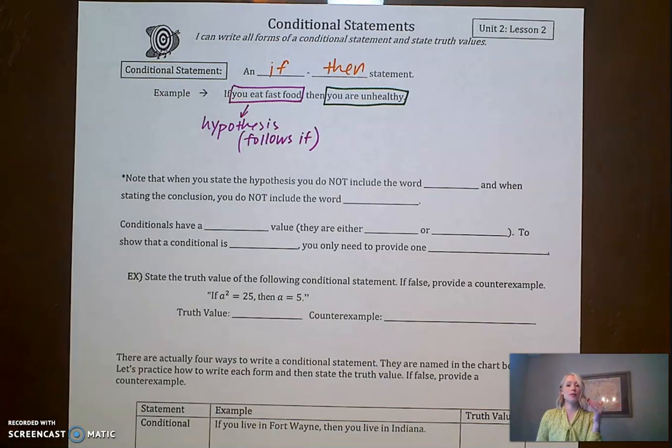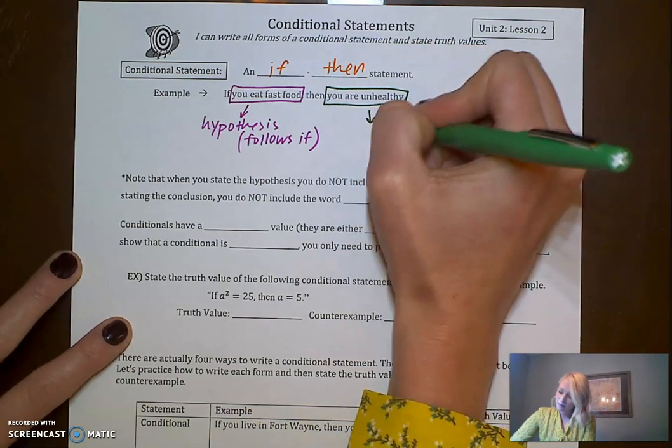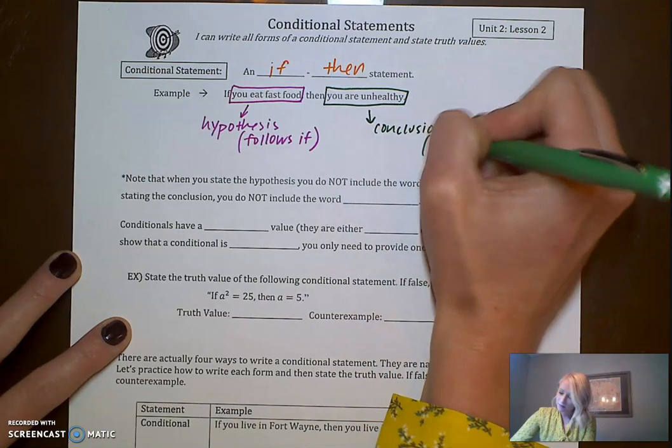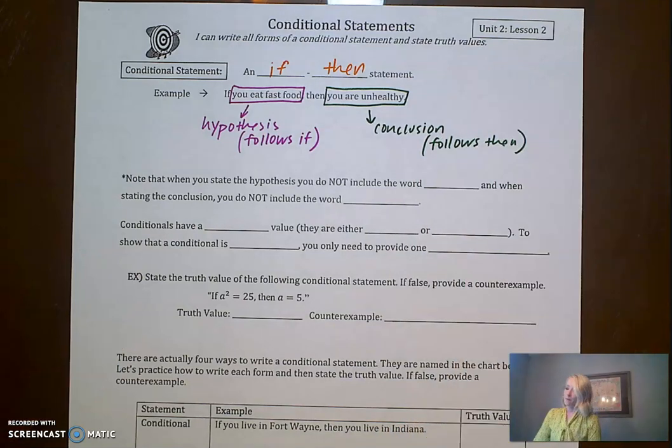What follows the word then, that's called the conclusion. Now, if this happens, we're stating here's the hypothesis, then this will happen, the conclusion. Again, whether it's true or not, we'll get to that.